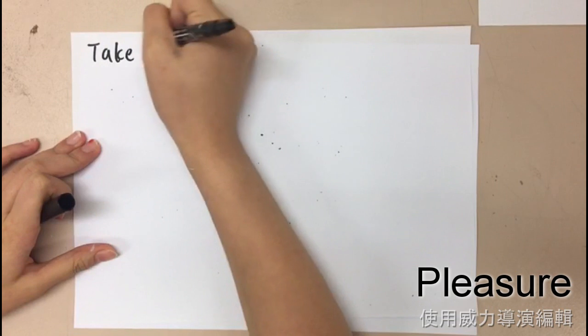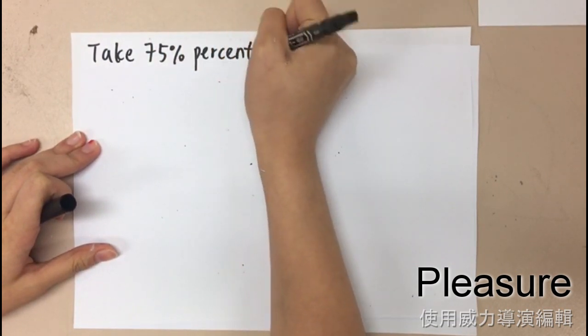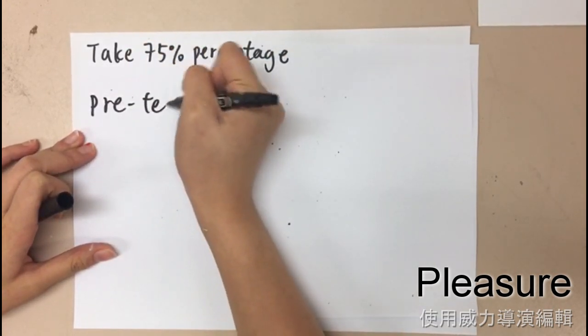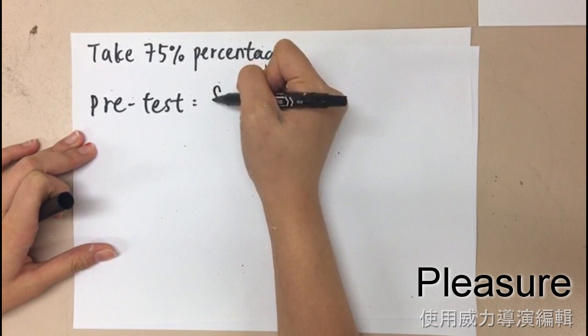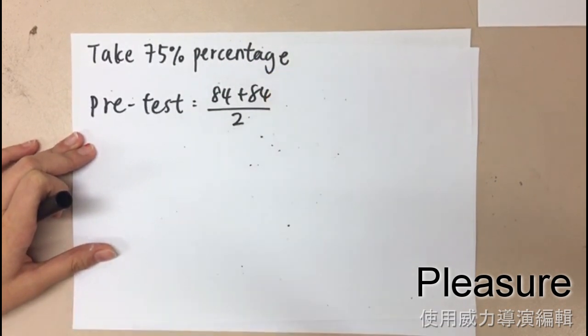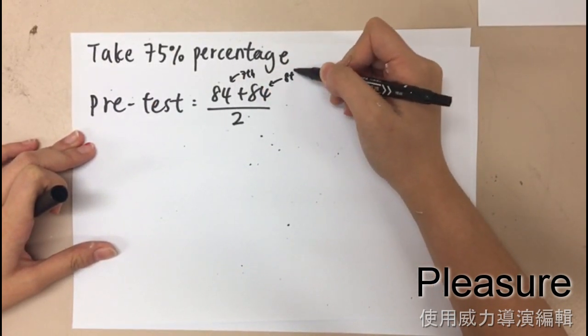Take 70 percentile as an example. Pretest, the 7th term and the 8th term.